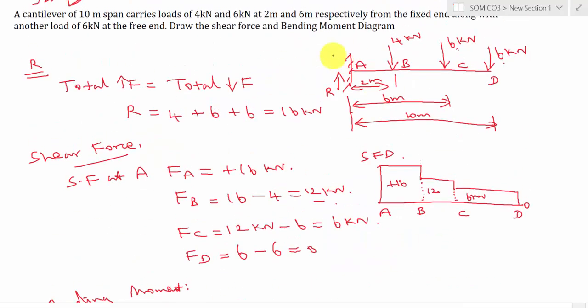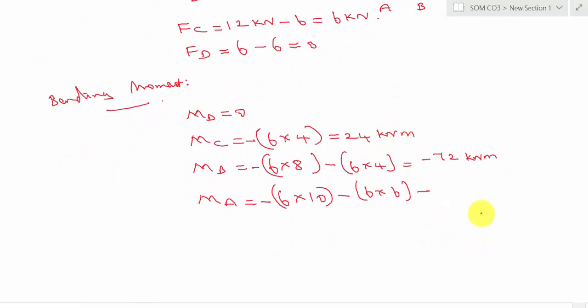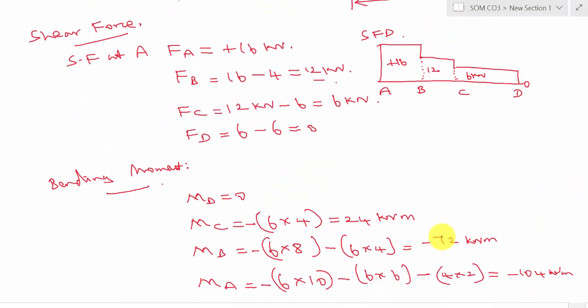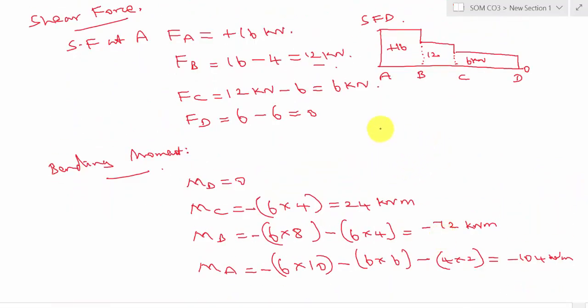Then minus 4 into 2 meter. If we solve this, then we will get minus 104 kilonewton meter. Okay, so now we have calculated the bending moments. We can draw the bending moment diagram.